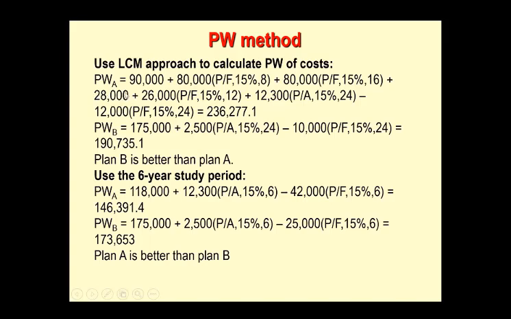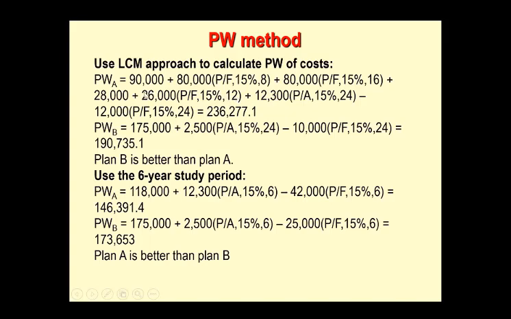Then 28,000. What is the initial cost of the patch? The initial cost of the patch, plus 23,000 times the single payment present worth factor from period 12 to present.